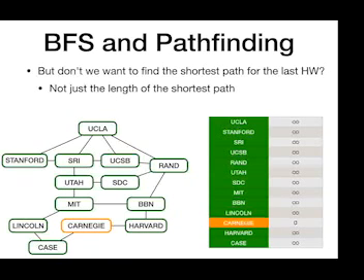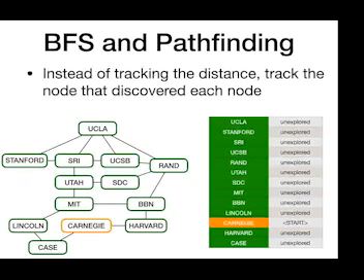In the code, it would be ints to ints, node ID to distance. But how's that going to work for paths? Let's take a similar idea, but instead of storing the distance as an int, we're going to store the previous node in the path, or the node that was used to explore another node. So for Carnegie, we're going to mark this as the start. We'll just have some special way of indicating that this is the starting node.